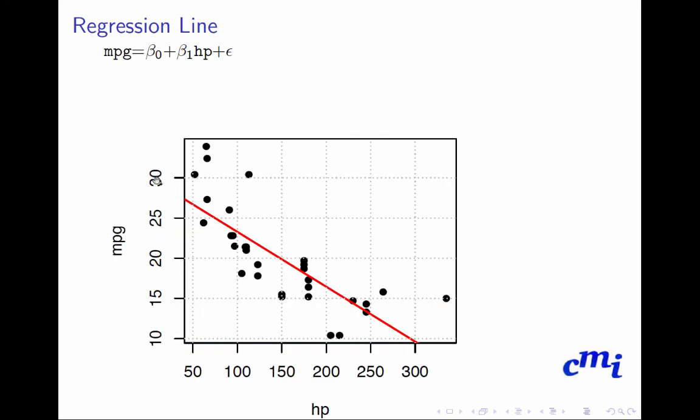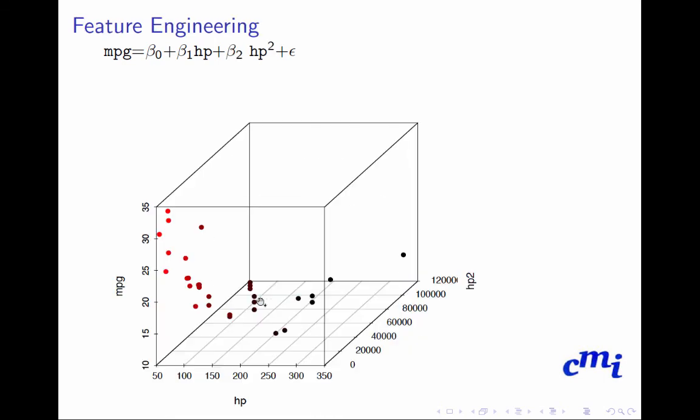Initially I had my data in two dimensions because horsepower is one dimension and miles per gallon is another. But now by putting in horsepower squared, I am putting the two-dimensional data into a three-dimensional model. So I'm putting my data into a higher dimension.